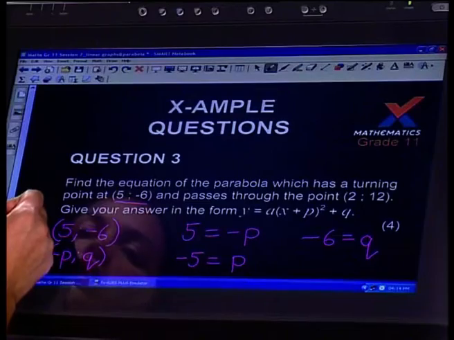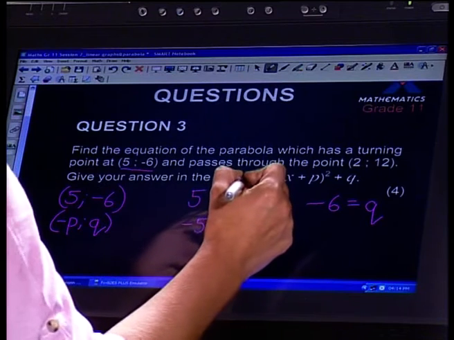You get marks for writing both of these pieces of information down, so don't think you're being more clever by substituting straight into the equation. It's important you show your steps, your calculations, so that other people who are looking at your work know that you know what you're talking about. Let's substitute it into the equation. Now the equation is over here.